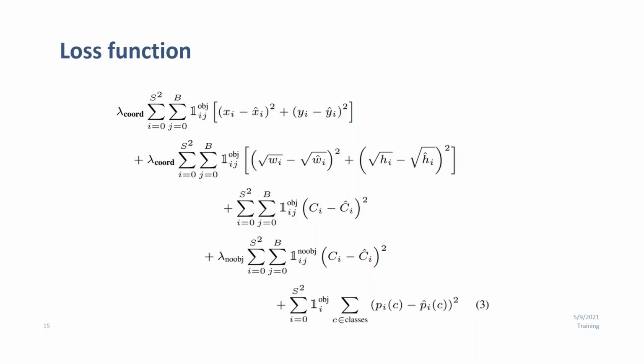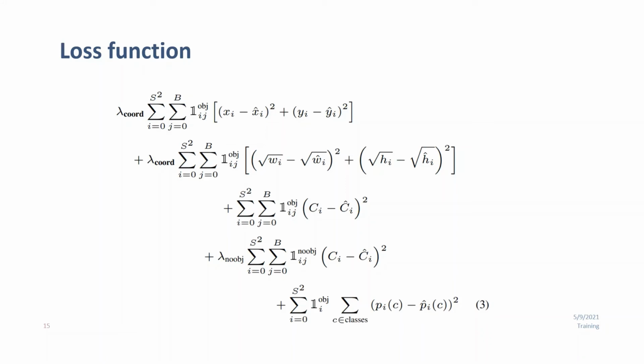This can lead to model instability, and it can cause the training to diverge early on. Now to remedy this, they have used the 2 parameters, lambda coord and lambda noobj. They have taken the value of lambda coord equal to 5 and lambda noobj equal to 0.5. That is, they have increased the loss from the bounding box coordinate predictions, and they have decreased the loss from the confidence predictions for boxes that don't contain objects.